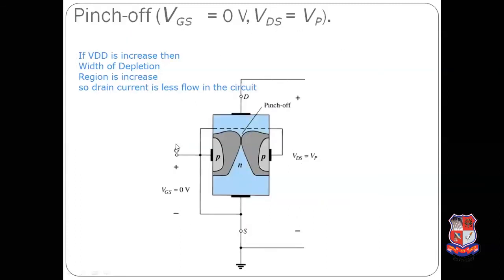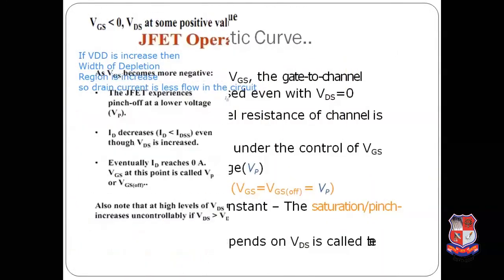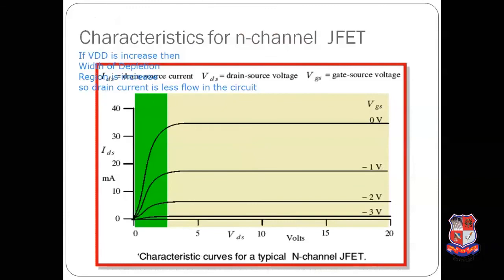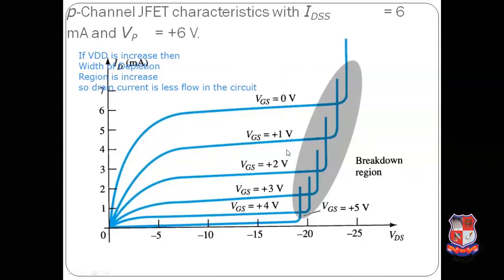Now see, this is the construction related to JFET. VGS equal to 0, and 0 less than VGS less than VP. See, this is the graph of JFET. I already mentioned plus 1, plus 2, plus 3, plus 4. Obviously, VGS is negative for N channel, obviously positive for P channel. Why? Because P channel is directly connected to supply voltage.